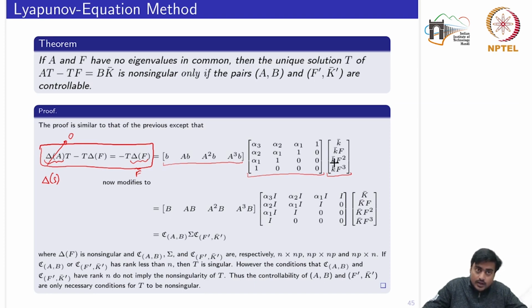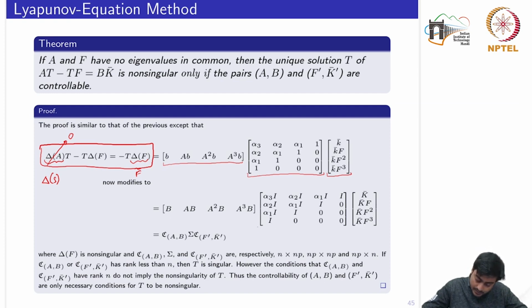Similarly, all the small k bars would change into the capital K bars, and all these ones would change to the identity matrix of appropriate dimension. So this can finally be represented as the controllability matrix of the pair (A, B) times some sigma matrix, times the controllability matrix of the pair (F transpose, K bar transpose).